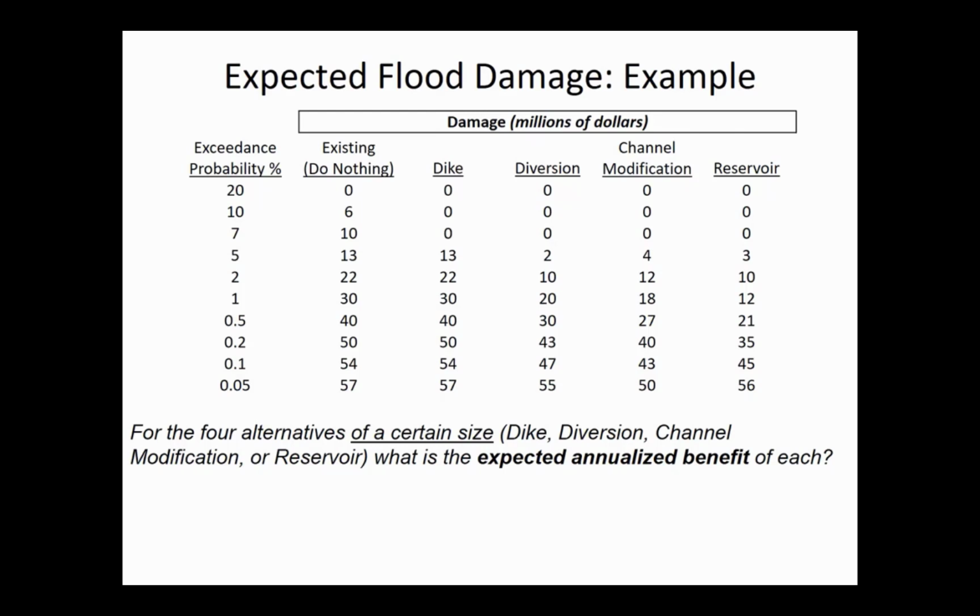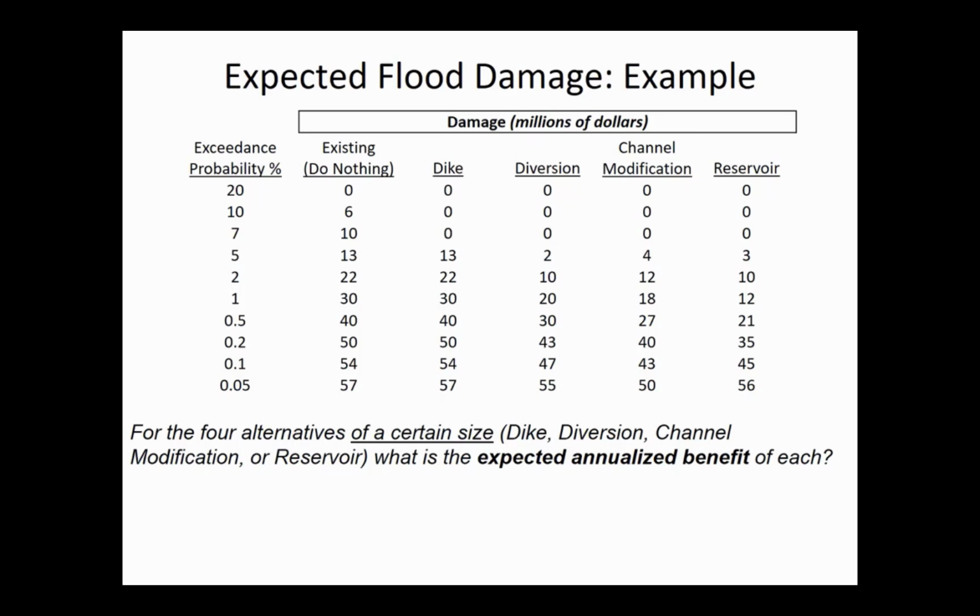All right, so now consider there's 4 structural alternatives that are being considered. There's the dike, and the way the dike works is that if it's in place, we don't experience the 10-year storm, and we also don't experience this 7% probability storm. But then for any storm bigger than that, it's as though the dike was never there, so we experience the full brunt of the storm for anything larger than the 7% probability.